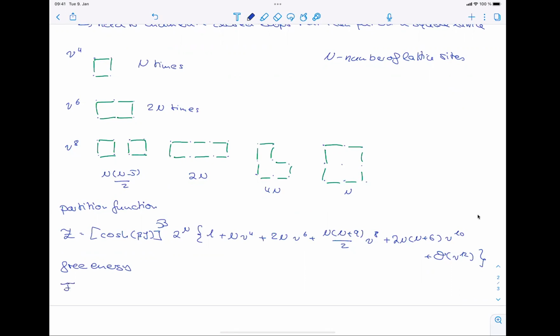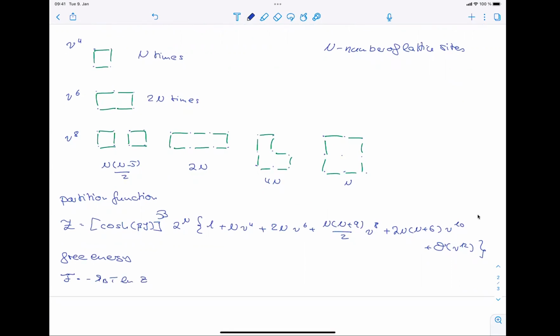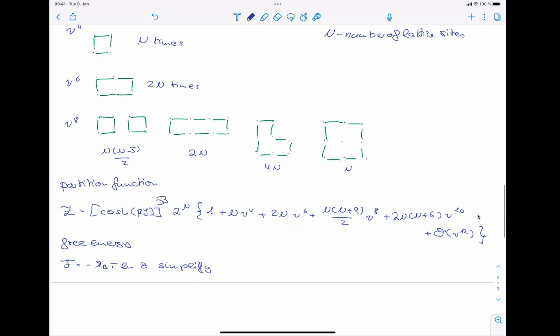So our free energy is minus k_B T ln Z. And to do that, I want to simplify this briefly so that we see this dependence on n.